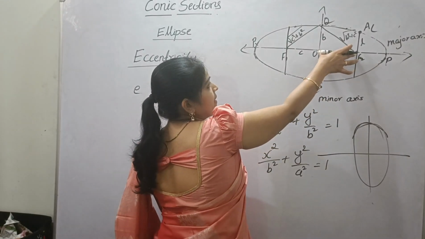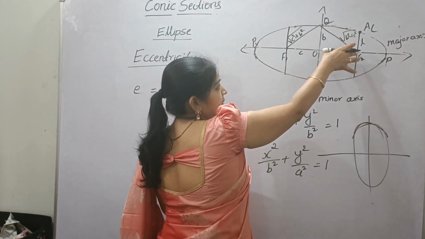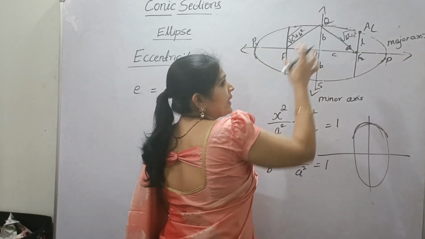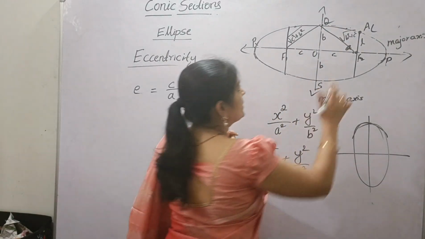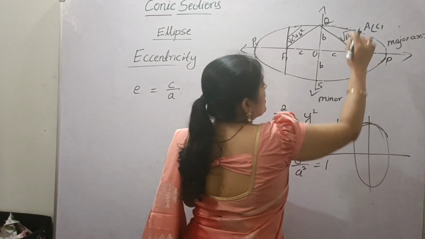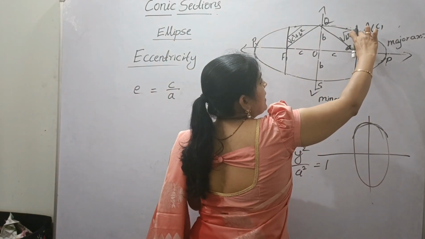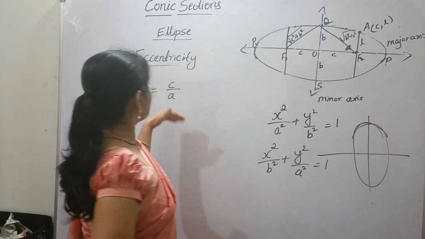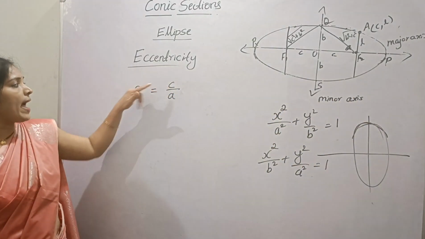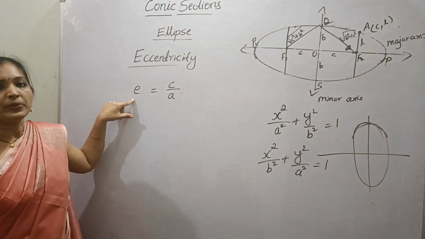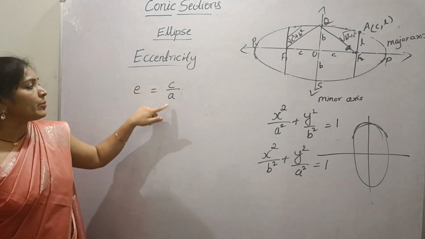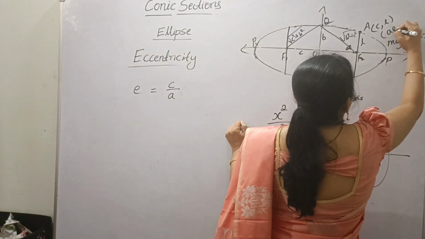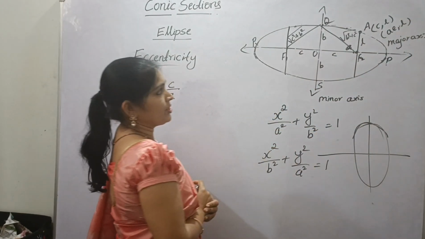Here it is at distance C, so the x coordinate is C. And this distance is L, therefore the y coordinate is L. And we can write C as A into E, since E is equal to C by A, therefore C is equal to AE. So A is the point (AE, L).